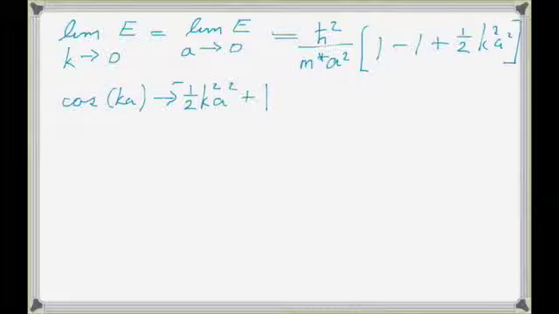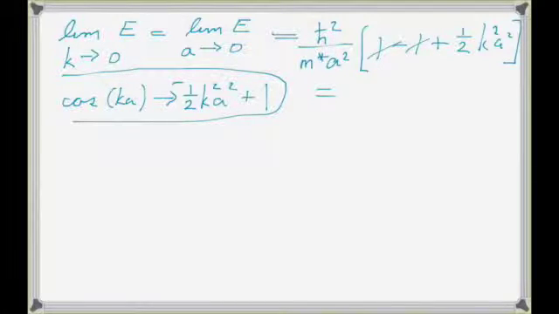And so these terms cancel out, of course. And so that's equal to 1/2 h bar squared k squared over 2 m star, because a squared cancels, which brings me back to the original parabolic dispersion. That's our old parabolic dispersion from the effective mass model before we discretized it.